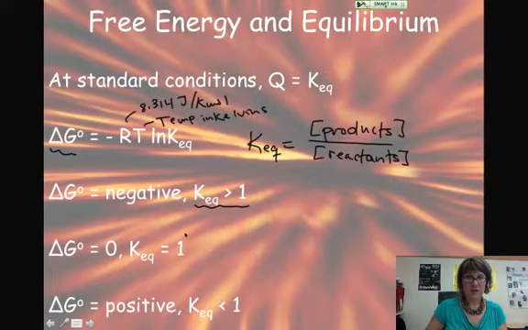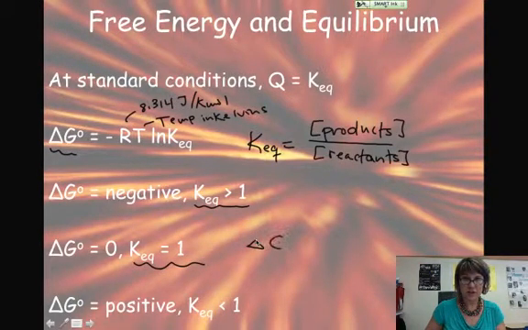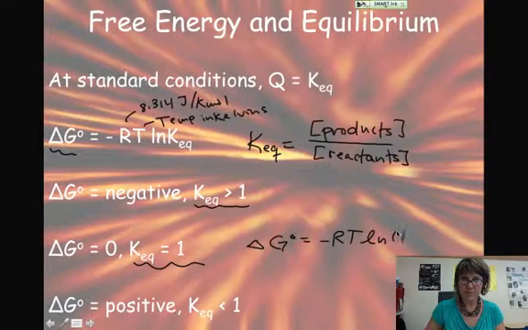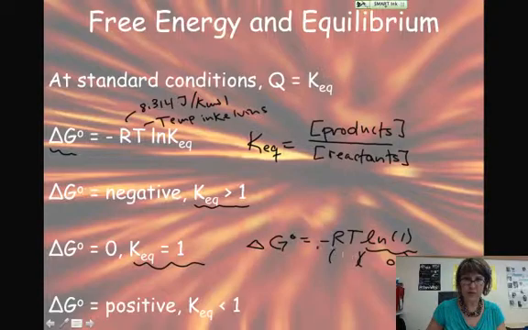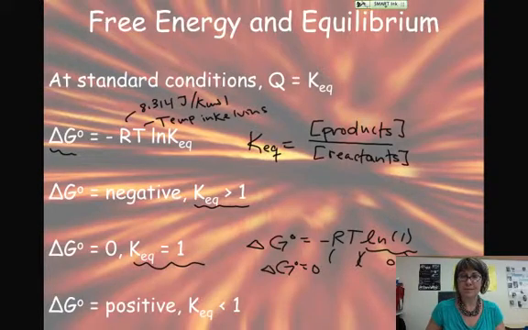When KEQ is equal to 1, then that means delta G naught equals minus RT times the natural log of 1, and that would make this piece be equal to 0, which multiplies this whole term, RT, and makes that piece equal to 0. Therefore, delta G will be 0 when KEQ is 1.